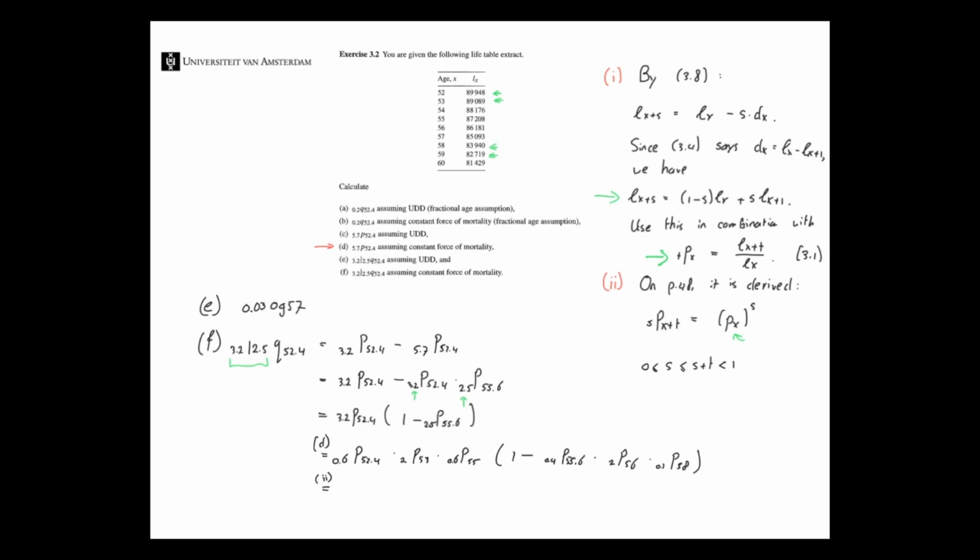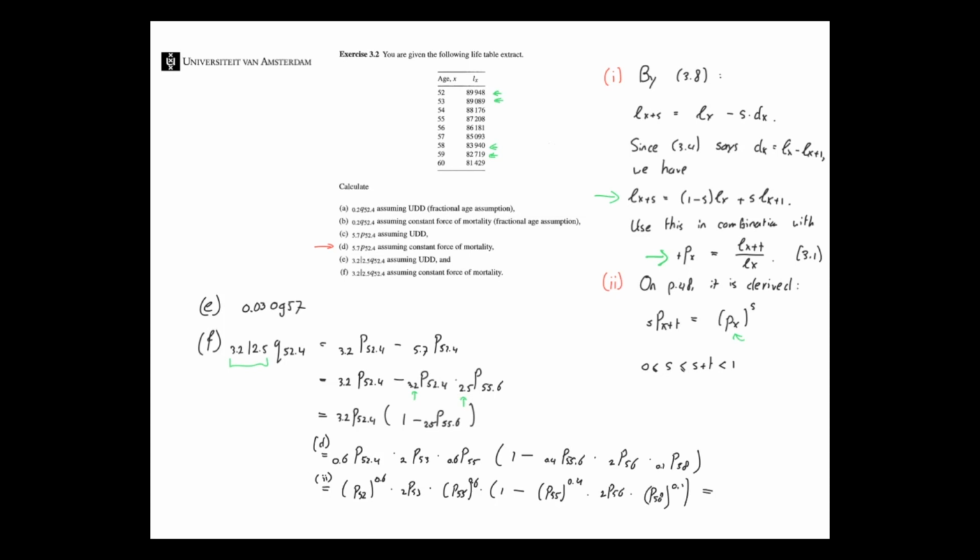And then finally we can use the second property to rewrite some of these probabilities. So this is p52 to the power 0.6. This one remains the same. And then this one becomes p55 to the power 0.6 times 1 minus p55 to the power 0.4 times, this one remains the same, and this one is p58 to the power 0.1.